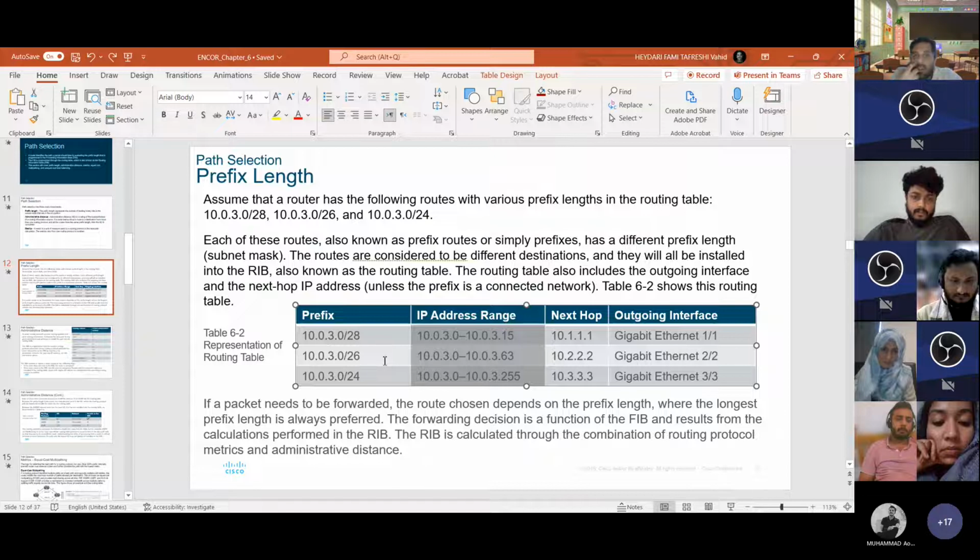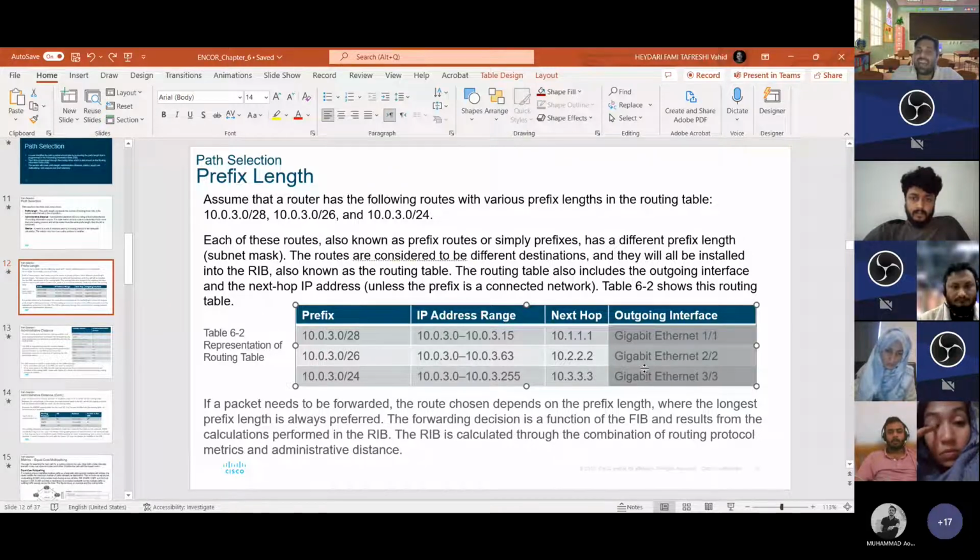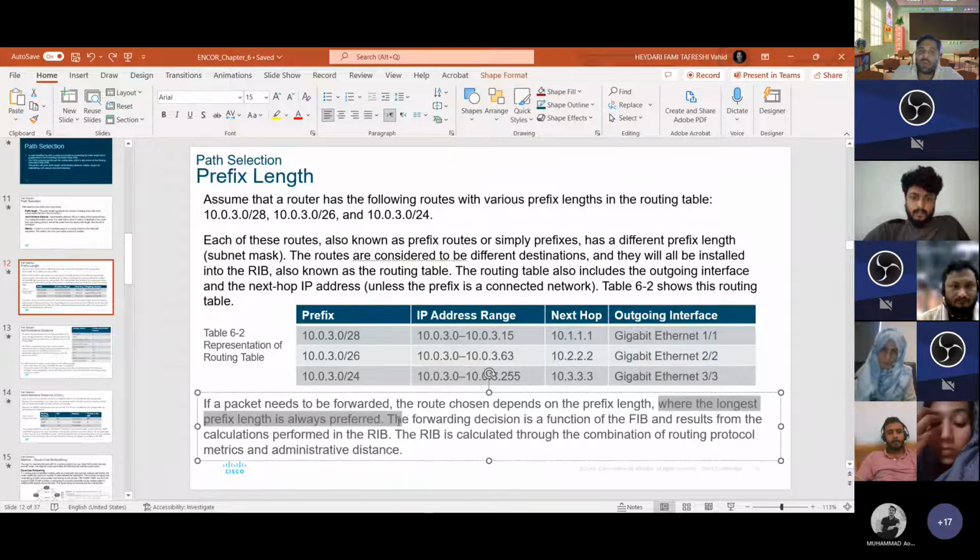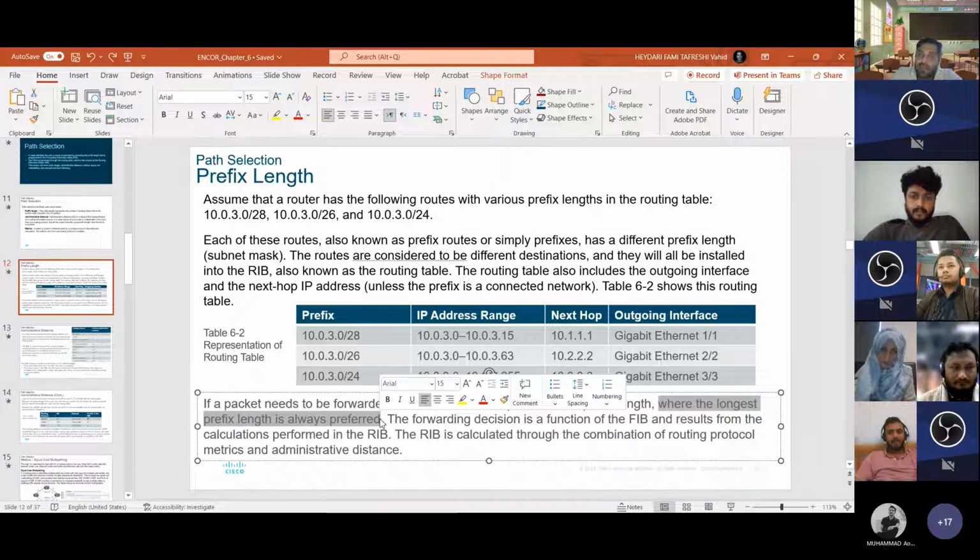The point is this: if I receive a packet for the 10.0.3.0 network, or for this destination, which of these 3 routes should I choose? I said when you have such a situation, this is where the more specific prefix length is the winner. And as the slide says, the longest prefix length is always preferred.